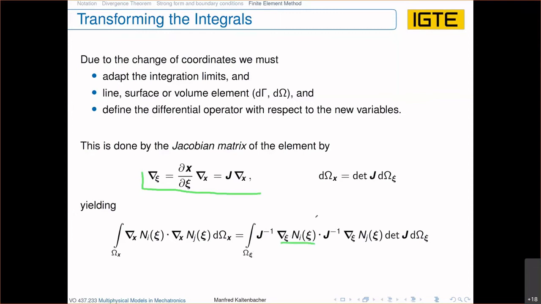We have the basis function being expressed by the local coordinates psi and eta, so we can compute it.